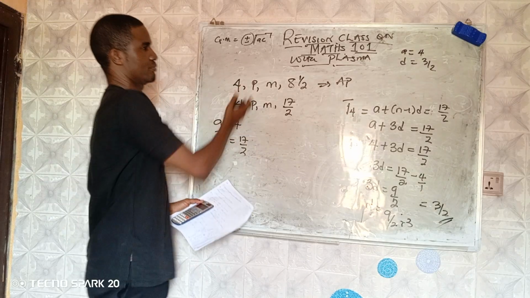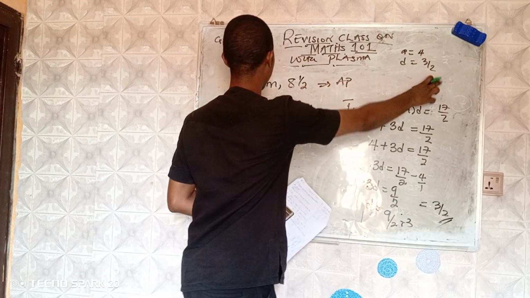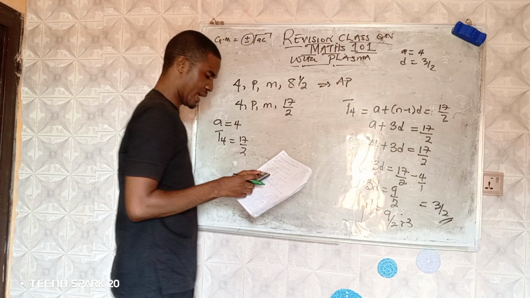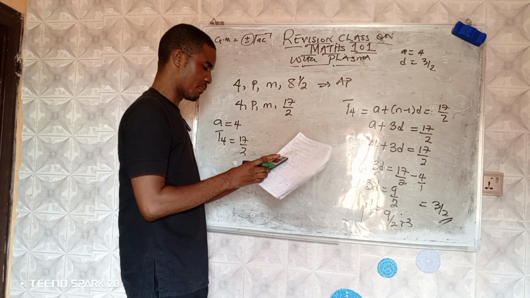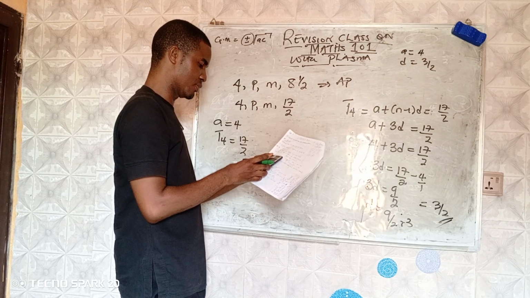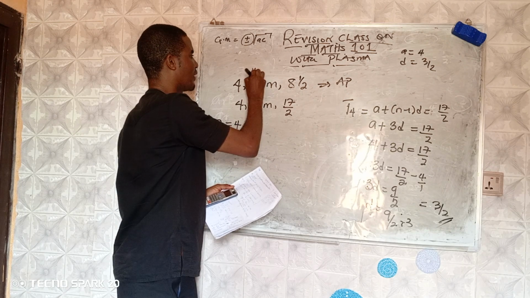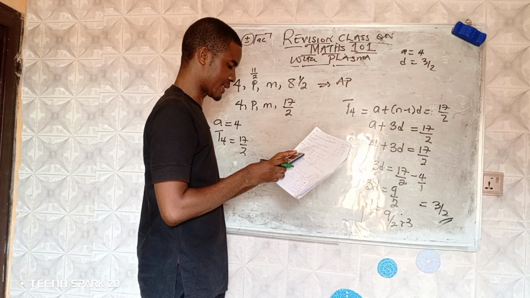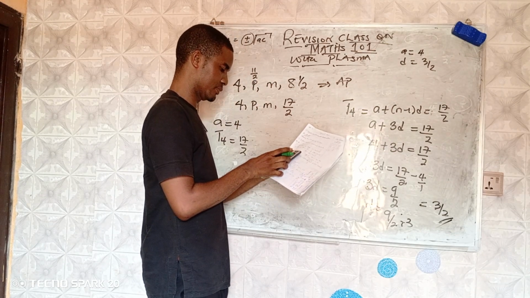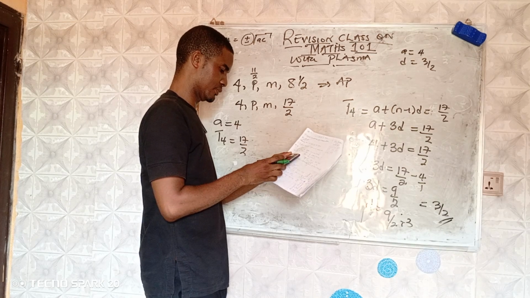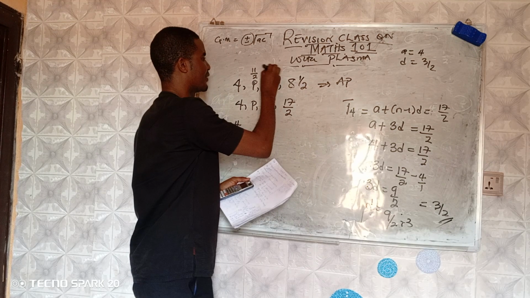Since my common difference is 3 over 2, I can start adding 3 over 2 everywhere. 4 plus 3 over 2 is 11 over 2. So here will be 11 over 2. Then plus 3 over 2, here will be 7.